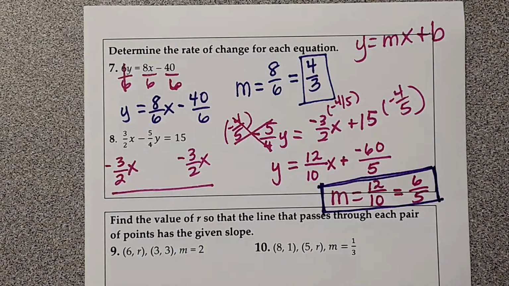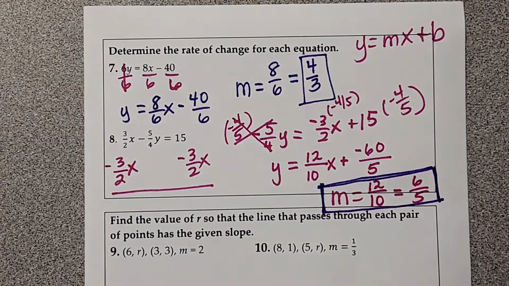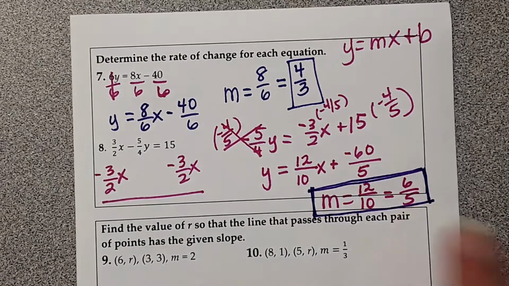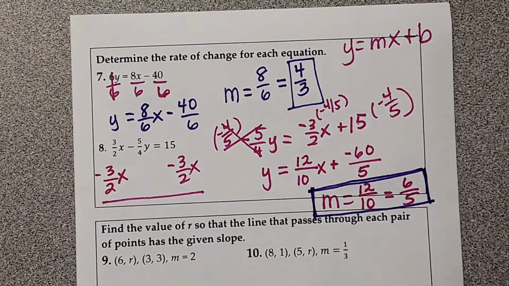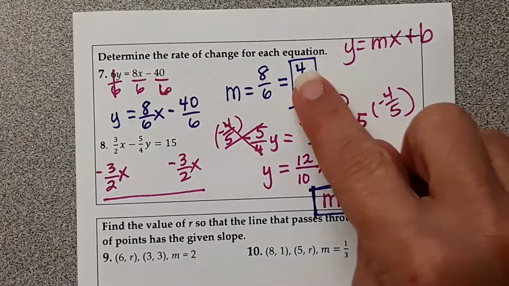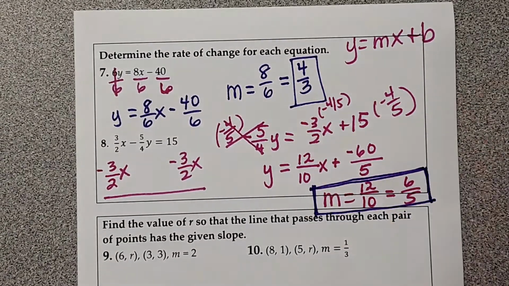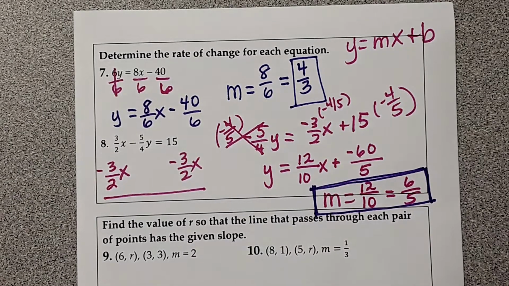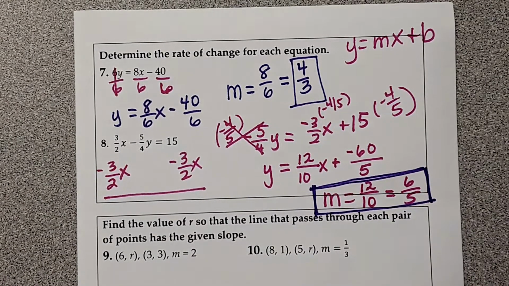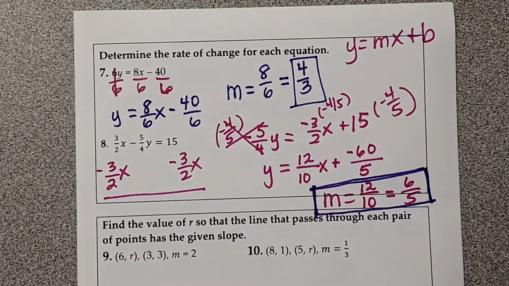And you guys, because it's not in context, there's no graph, there's nothing like that, there's nothing that we need to do and say 4 per 3. It's just, for every 6 units we go up, like on this one, for every 6 units we rise, we go to the right 5. For every 4 units we rise, we go 3 units to the right. Just little things like that.